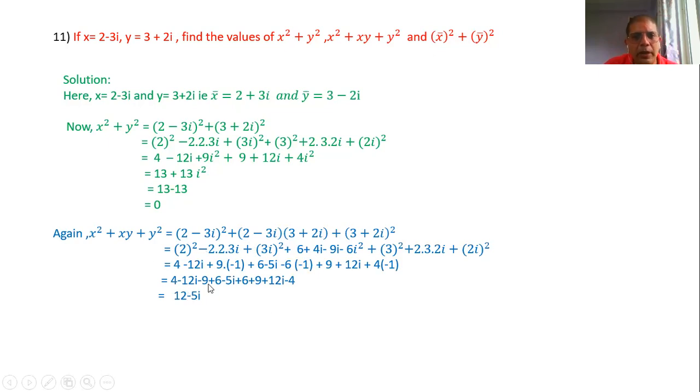You can watch properly and you will get the solution. Then after number third, it is your work. x bar is (2 plus 3i) whole square plus (3 minus 2i) whole square, and expand this exactly the same as before, and you will get 0 as the answer here also. Then you can do this question, watching properly and solving this one.